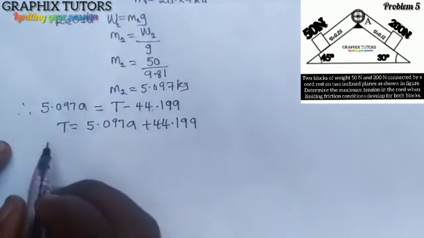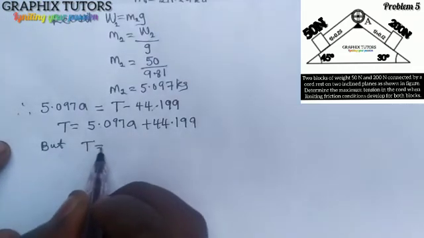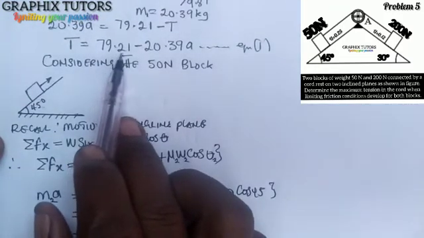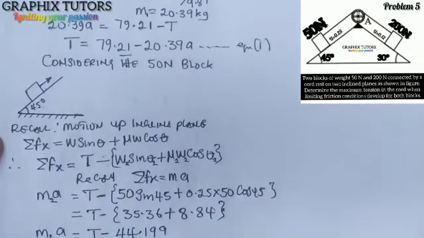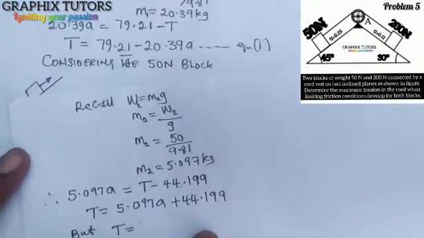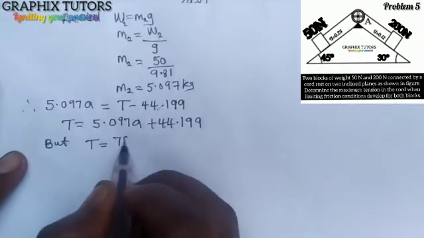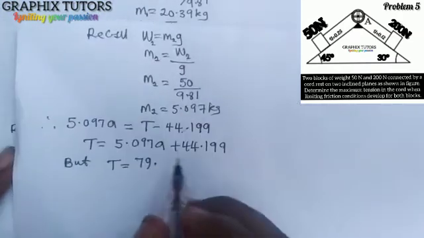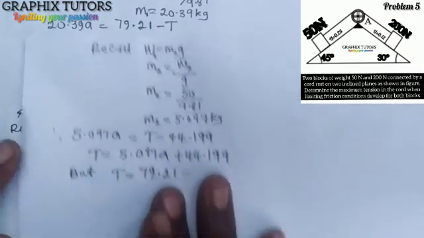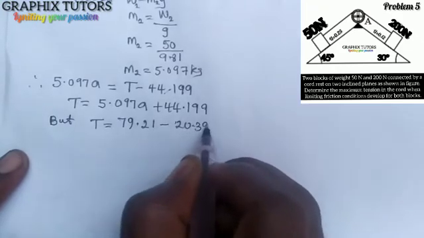But we said that T is equals to what we did earlier, and that is 79.21 minus 20.39a.